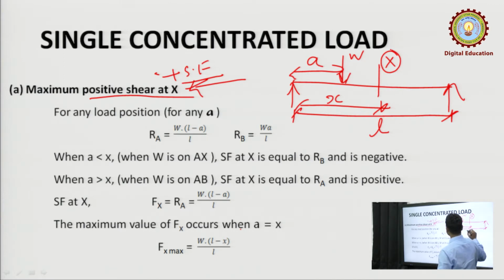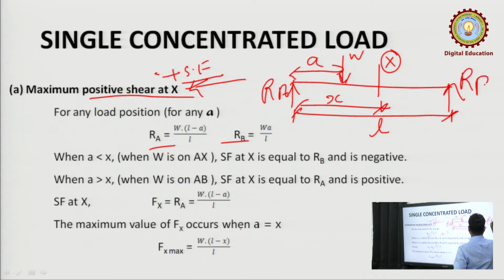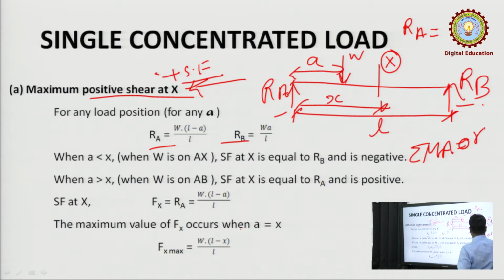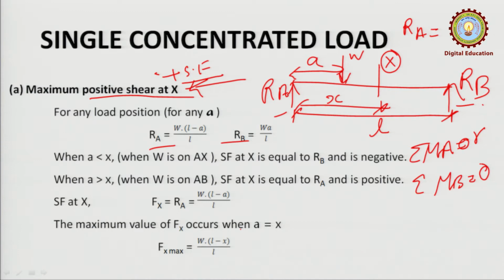Now how can we calculate Ra and Rb? Same method. For example, this is the reaction Ra and this is the reaction Rb. We have two reactions Ra and Rb, and we have to find Ra. Now we are going to take moments about A, or you can also take moments about B, which is 0.